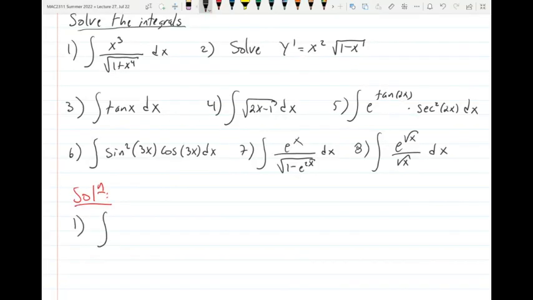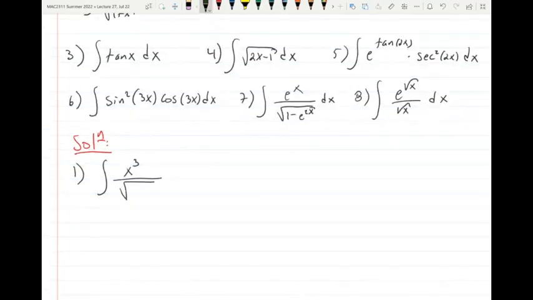Let's see. Number 1. We have the integral of x cubed over the square root of 1 plus x to the 4 dx. So first of all, every time that you see an integral, try to see if you can compute it immediately in one shot. If you can't, then that's when you start thinking about other techniques.